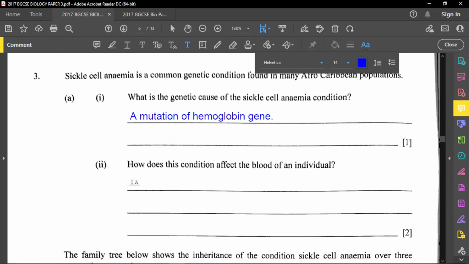So let me just make a point right there. Hemoglobin molecules, and hemoglobin is a type of protein, just to make a mention of that.